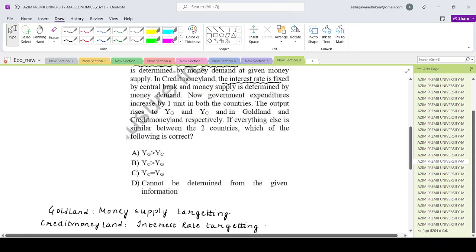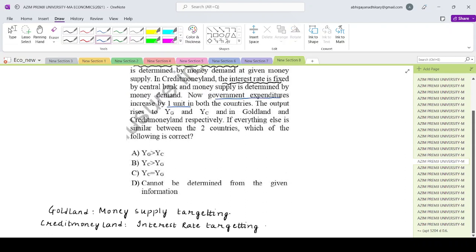Now the question we need to answer is: the government expenditure increases by 1 unit in both countries. The rise is to YG and YC in Gold Land and Credit Money Land respectively. If everything else is held constant, which of the options is correct?